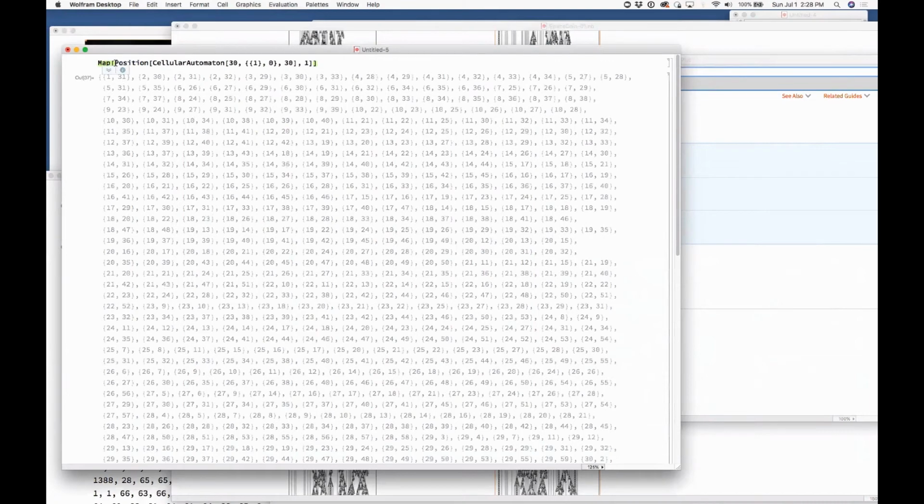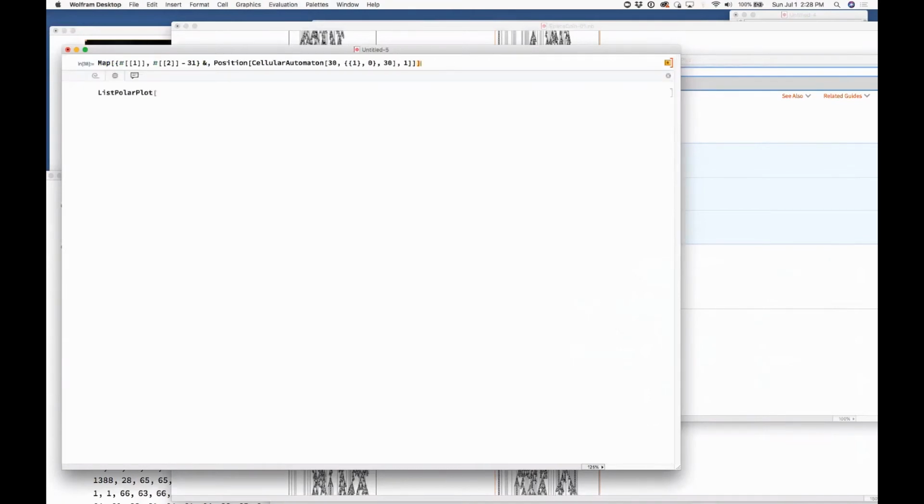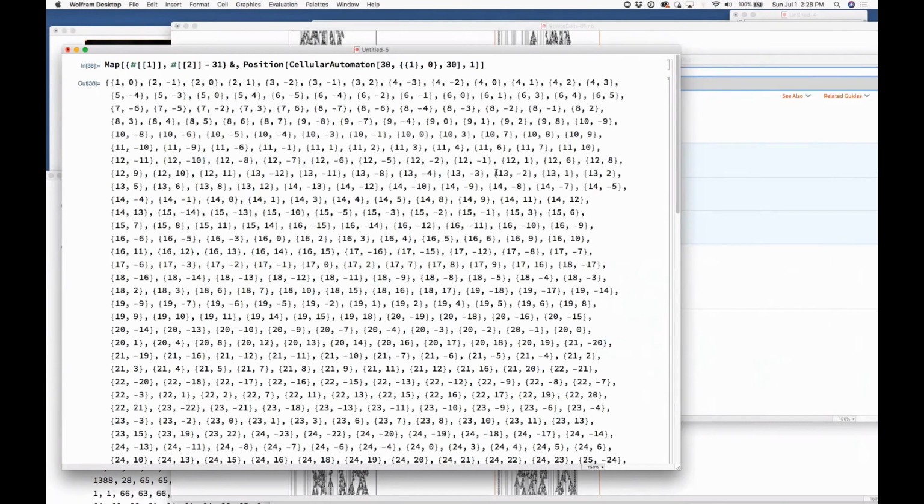So I claim that this is hash sub 1, comma, hash sub 2 minus 31, and I do that onto this. If I could get my brackets right, okay, so that's giving us that.